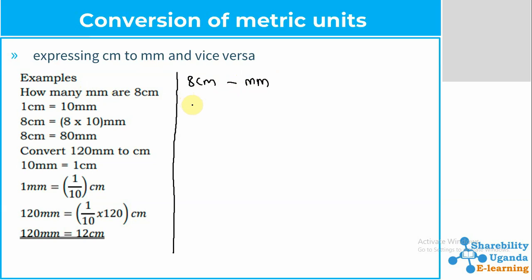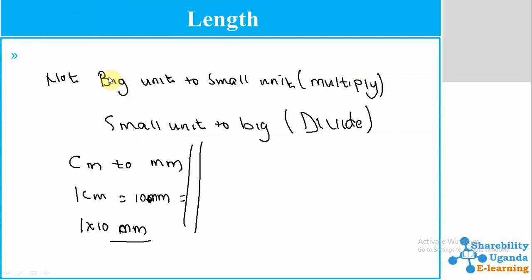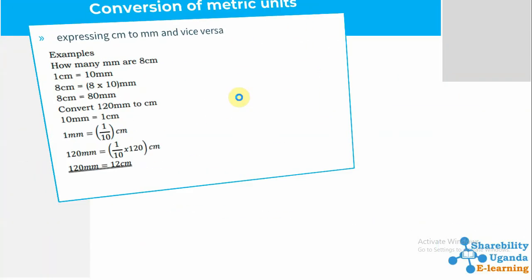Okay, so this is what? We have a big unit that we want to change to a small unit. So we said up here that when you have a big unit to a small unit, we multiply.